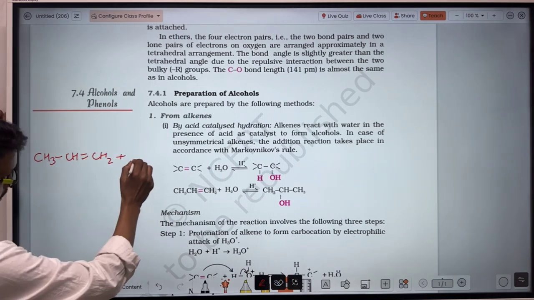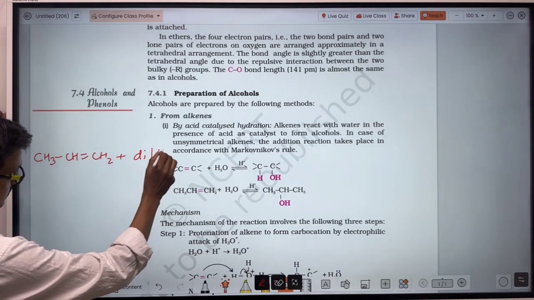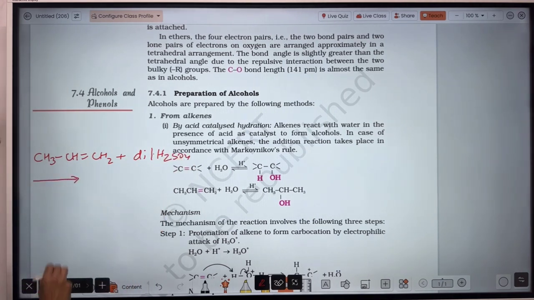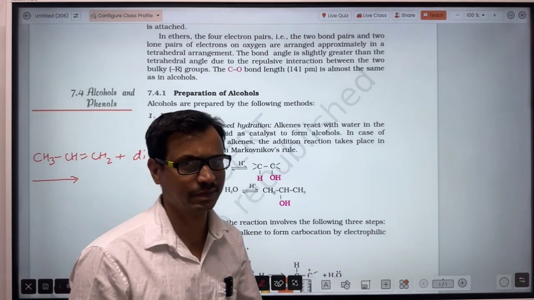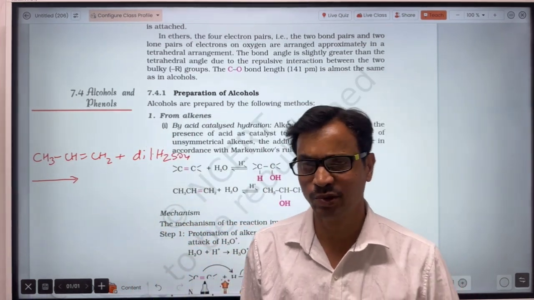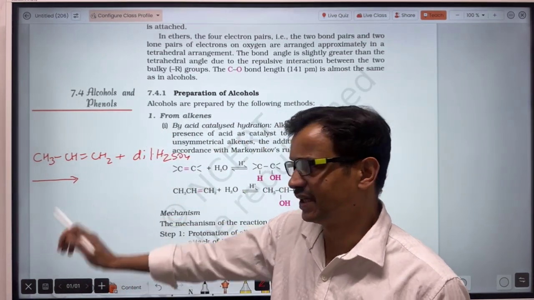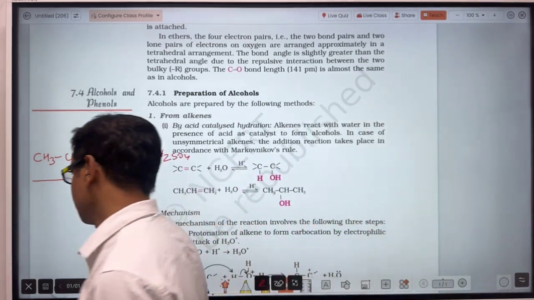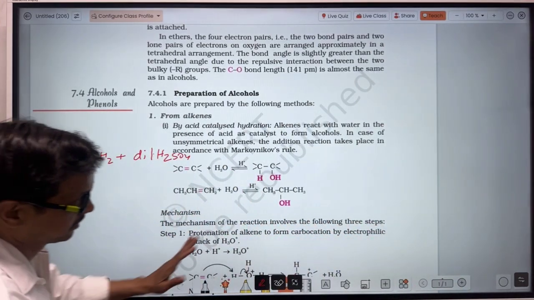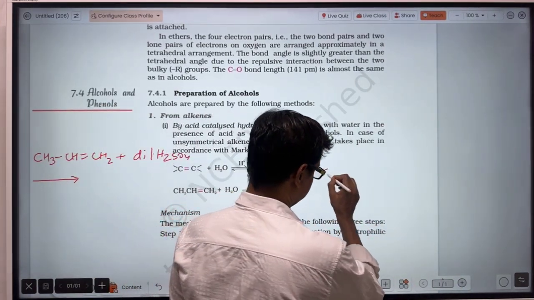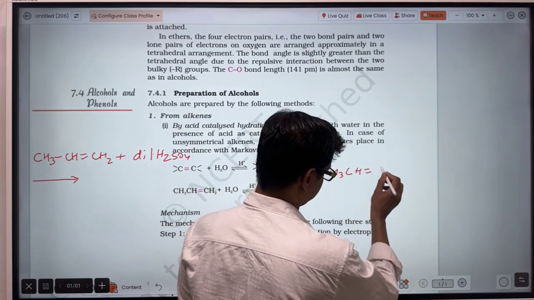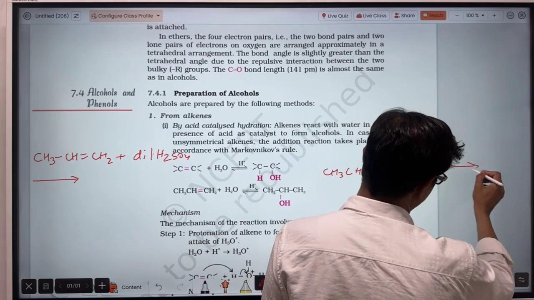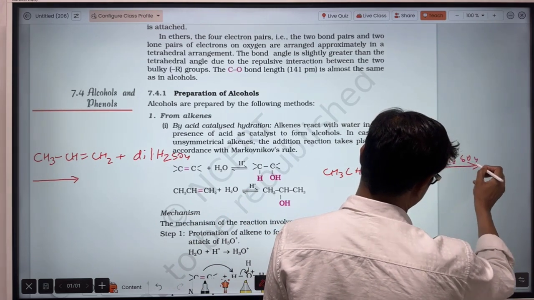When you react this compound with dilute H2SO4, dilute H2SO4 means there will be a high amount of water, and H2SO4 is taken as catalyst. So what is the reaction here? The reaction may be written in this form also: water reacts here and H2SO4 acts as catalyst.